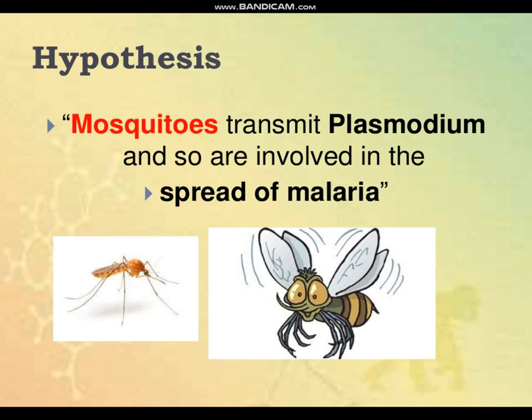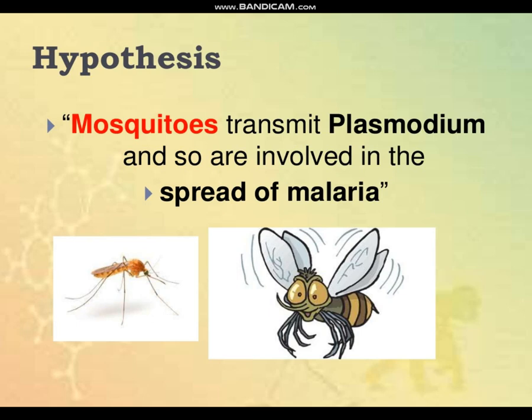The hypothesis related to the case of malaria must be that mosquitoes have plasmodium in their blood, and they transmit plasmodium through their mouth parts to people living in marshy areas, where stagnant and polluted water is found.